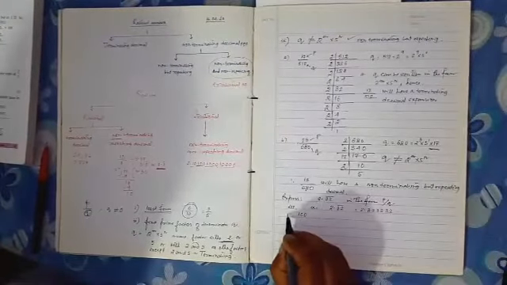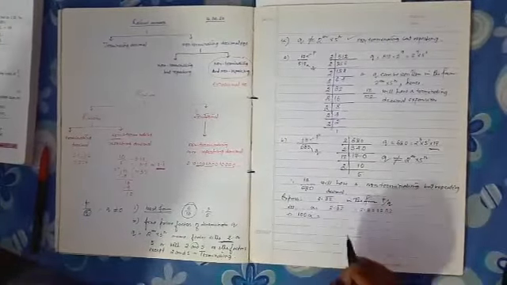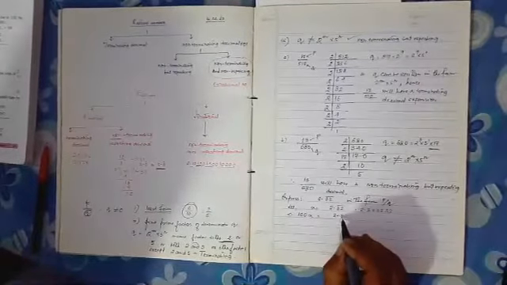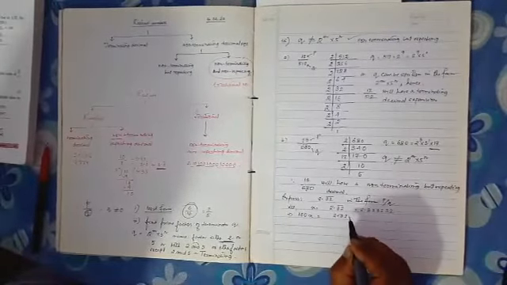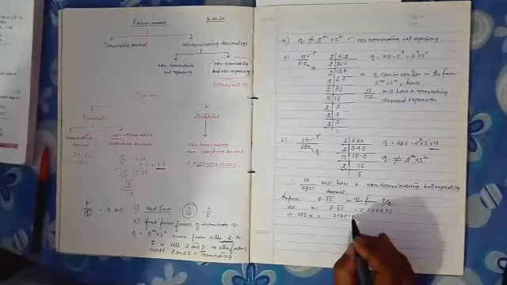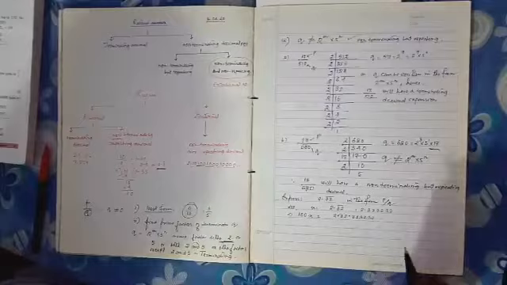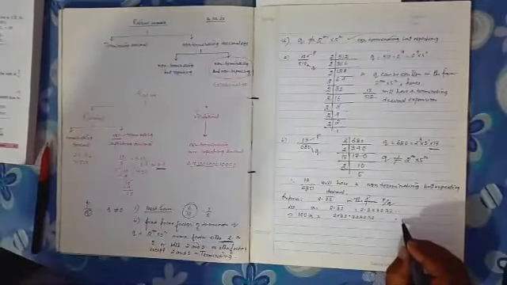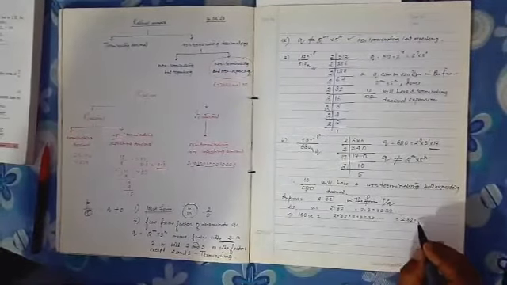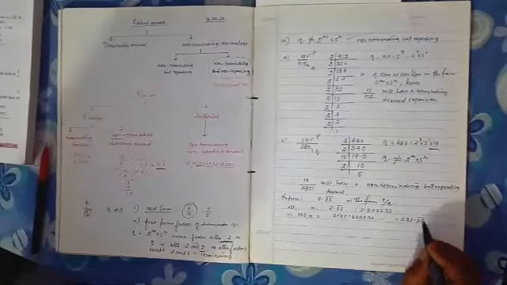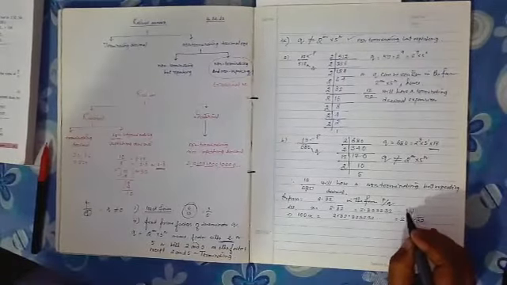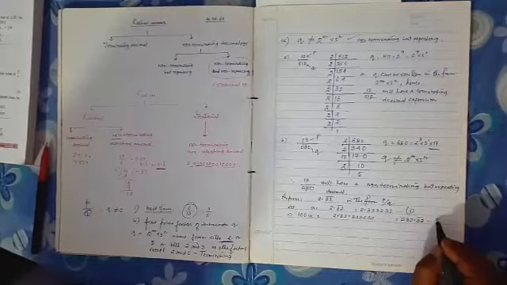So this implies 100x is equal to 232.3232 and so on. That is equal to 232.32 bar. This is equation 1, this is equation 2.